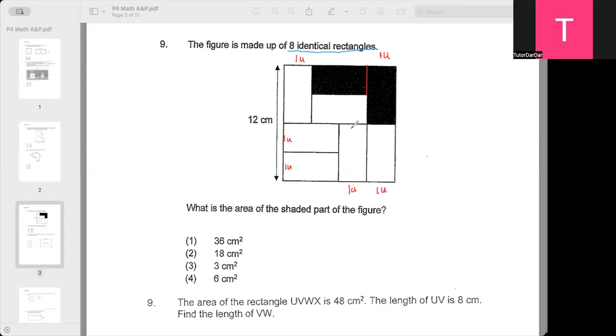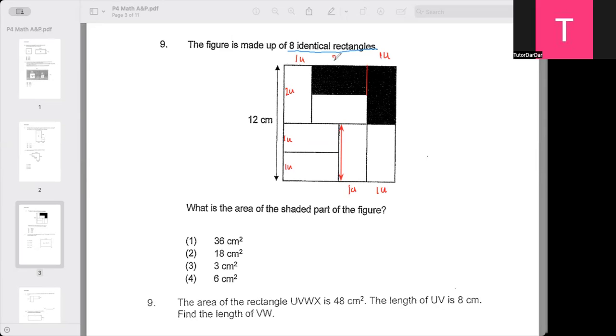So now what do you notice? This is the length of that one small rectangle, correct? So do you notice that the length of the rectangle is shared by 2 units of the breadth? So what do we put? The length is going to be 2 units.